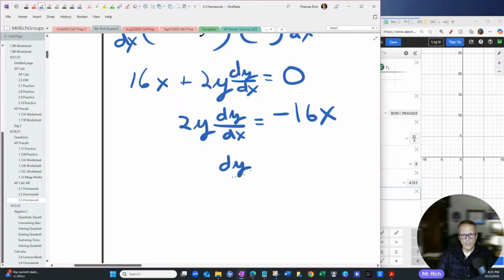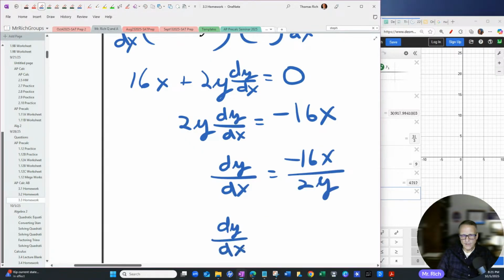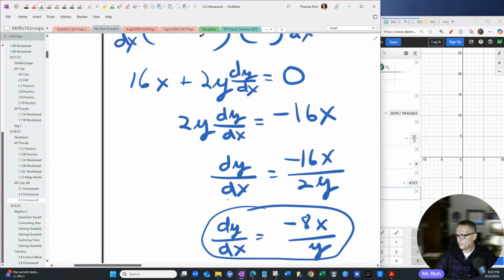We're just using our algebra skills at this point to isolate the dy/dx. We divide both sides by 2y, and then we are left with dy/dx as a final answer, simplified, negative 8x over y. And so our derivative is not just a function of x, it is a function of both x and y.